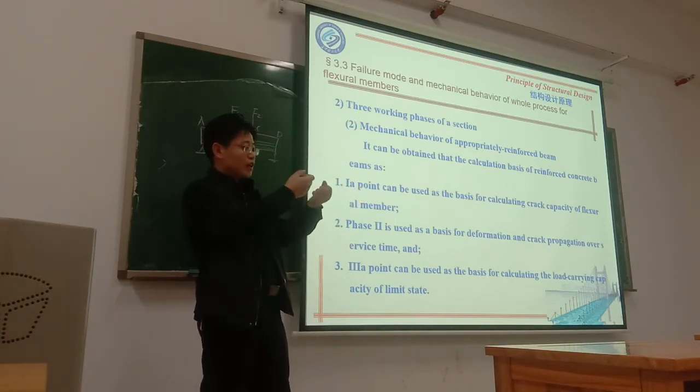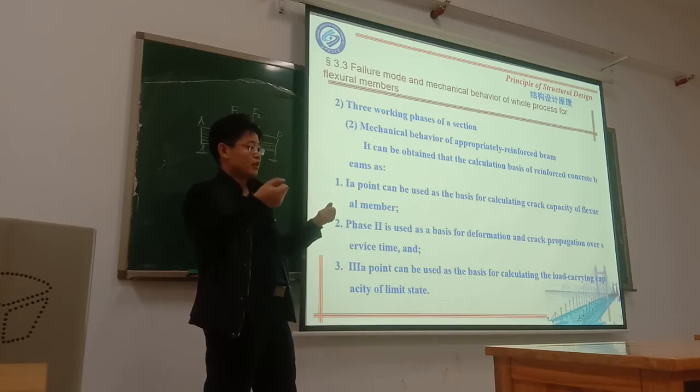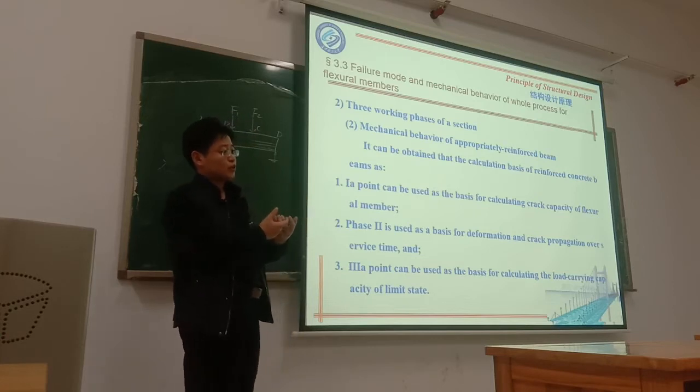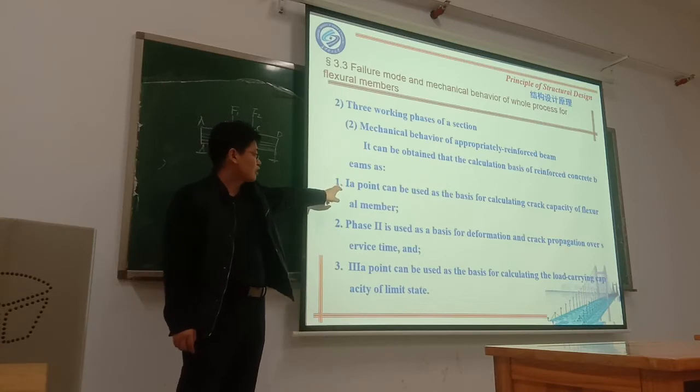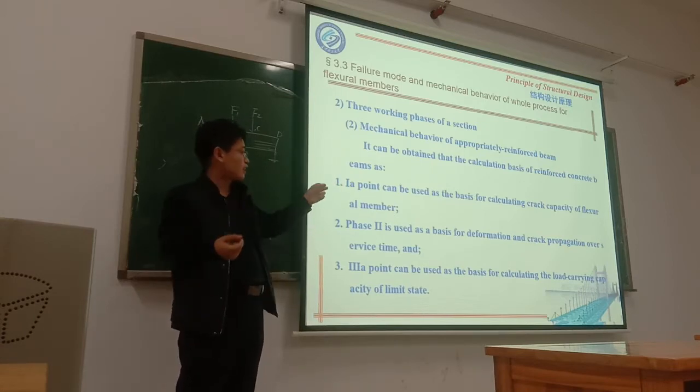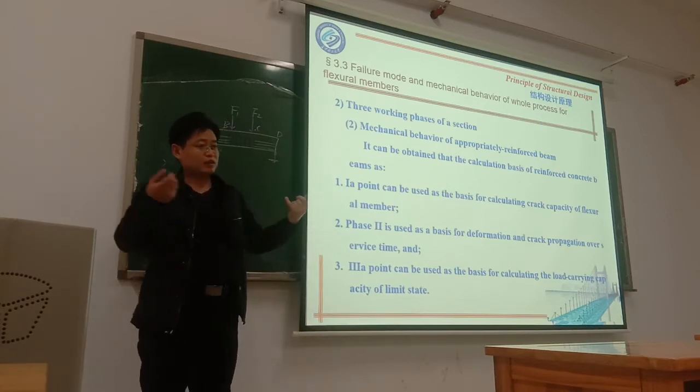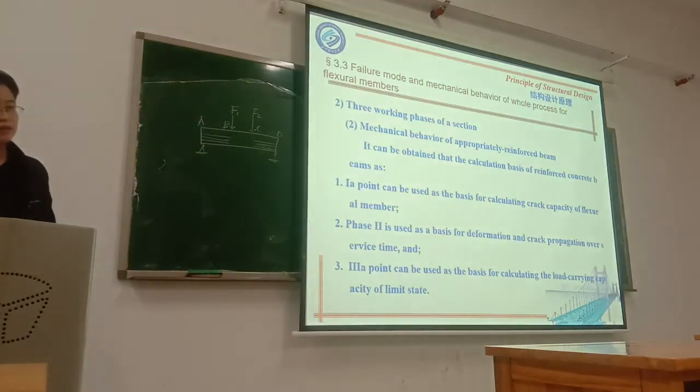So under how much tensile force the beam will not generate crack or working with no crack. Once the tensile force is larger than this point, the concrete will crack.